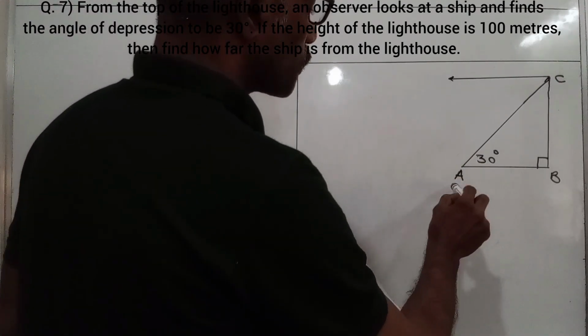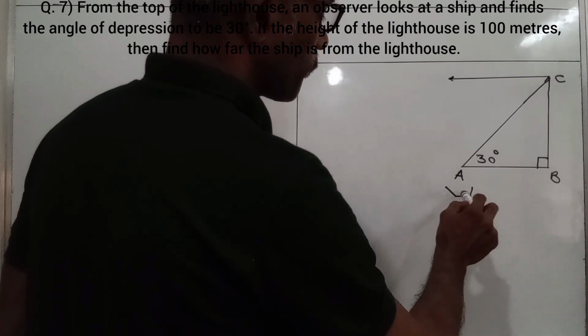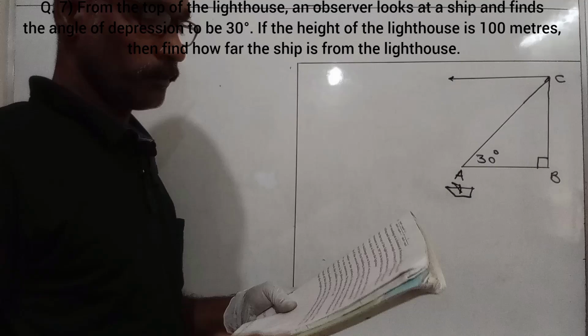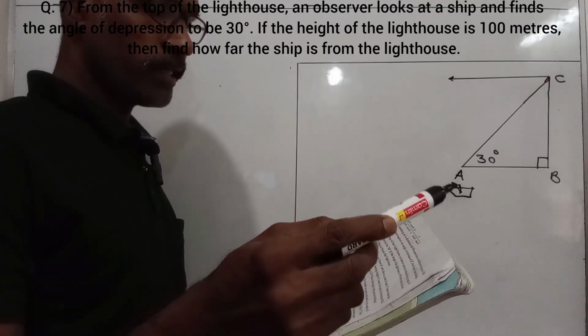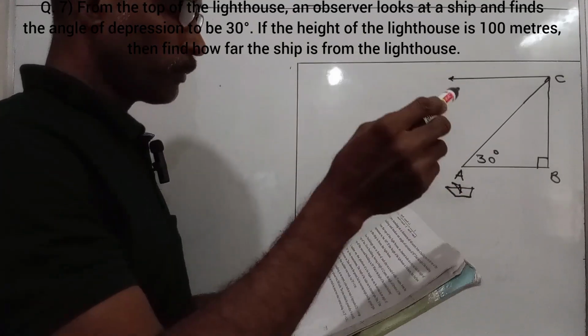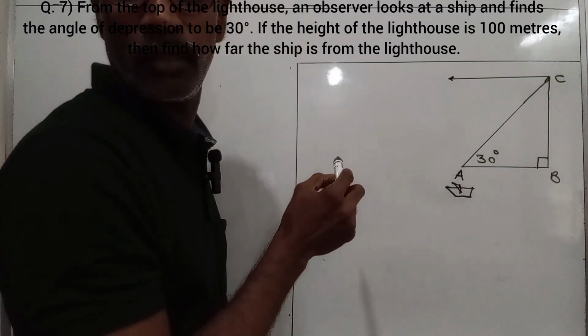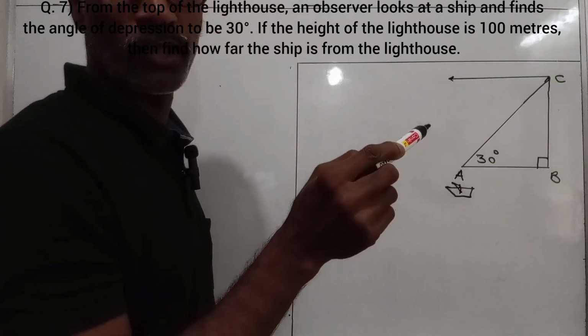Suppose the ship is here like this. The observer finds the angle of depression to be 30. This is the line of vision of that observer.